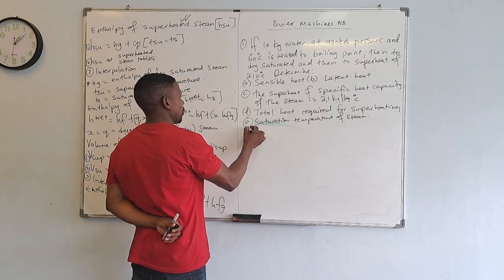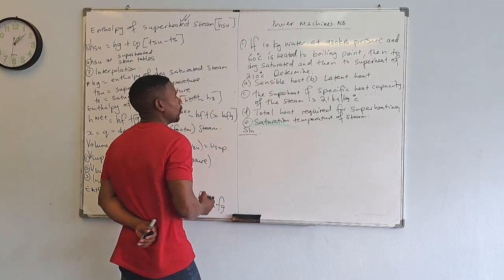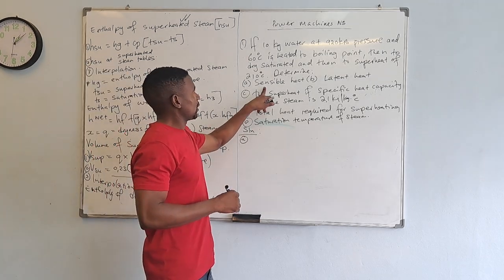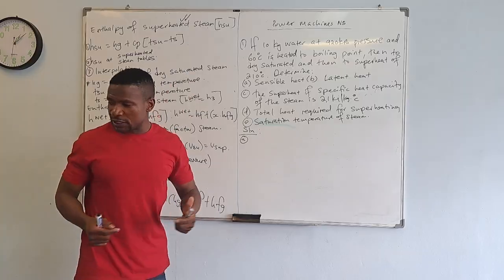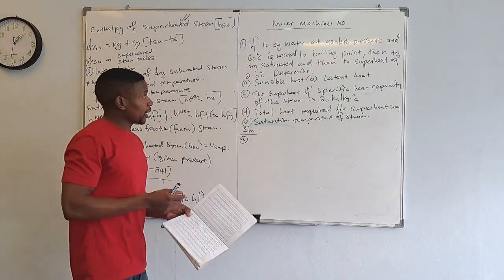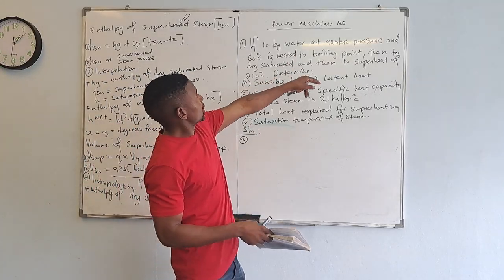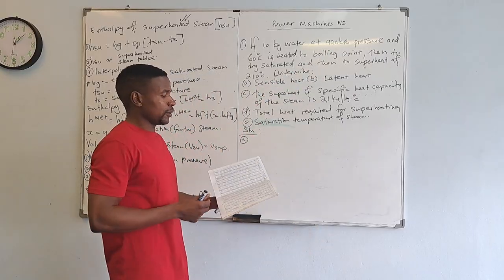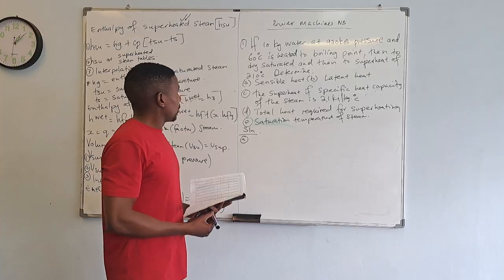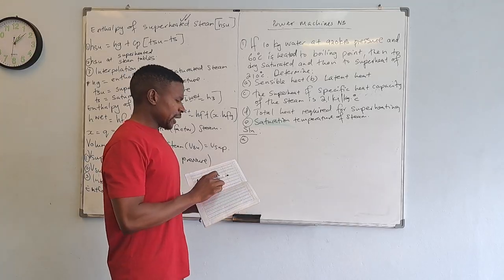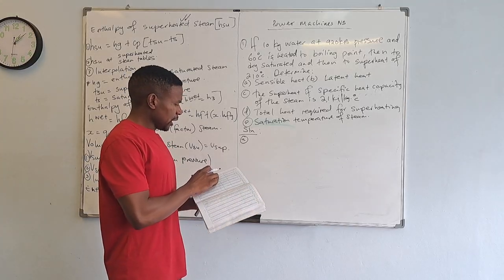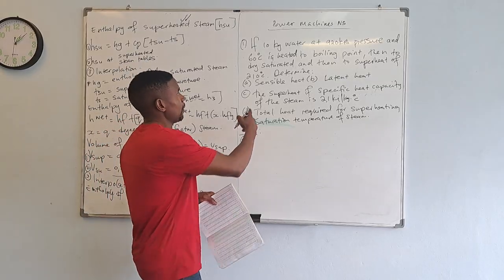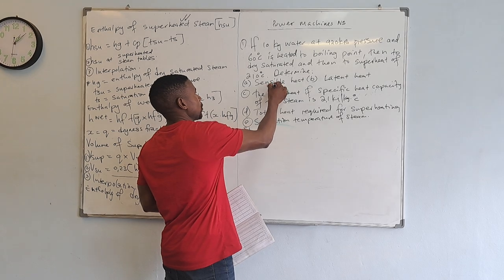Now, let's look at how we can attend to this problem. We can start off with our A. The question says, determine the sensible heat. So, to determine our sensible heat, our given pressure is 920 kilopascal. So we need to go to our normal steam table at 920, and we look for our Hf.